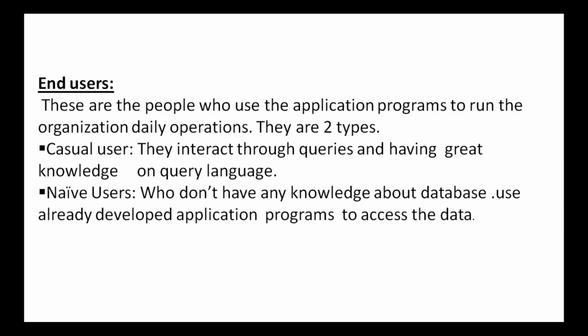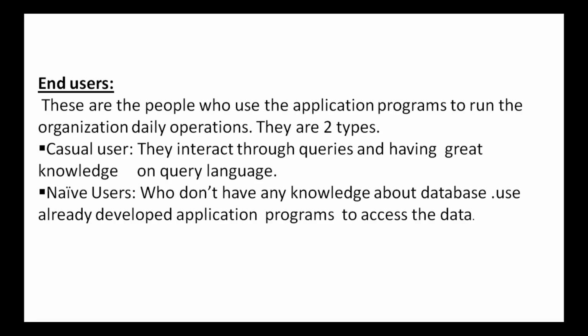And coming to end users. Who are the end users? End users are the people who use the application programs to run the organization's operations. There are two types of end users: casual users and naive users.